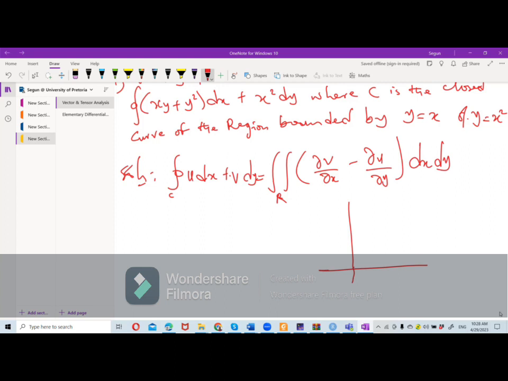Let's get this understanding. At the meeting point, this place is 0, 0.